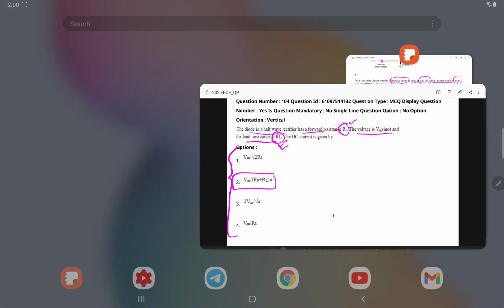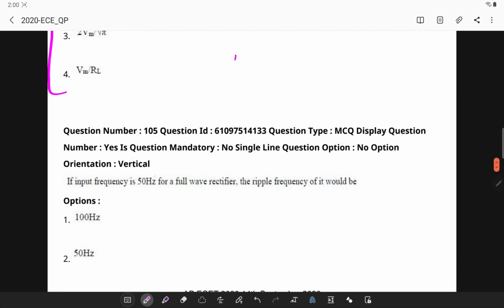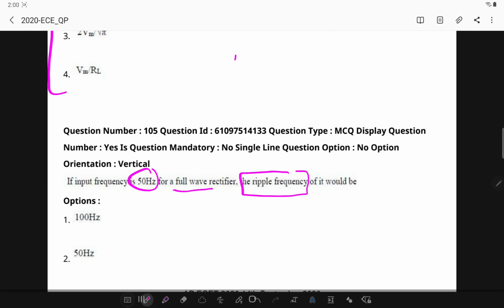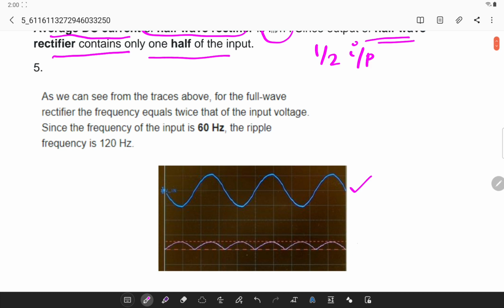Okay, so the next question. If the input frequency is 50 Hz in a full wave rectifier, what is the ripple frequency? To understand this, let's see a waveform like this. This is your full wave rectifier output waveform, and he is asking what is the ripple value.